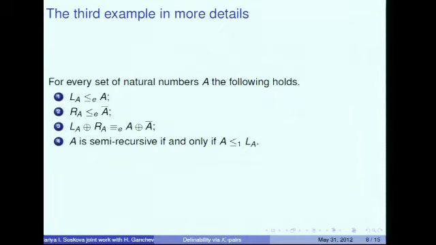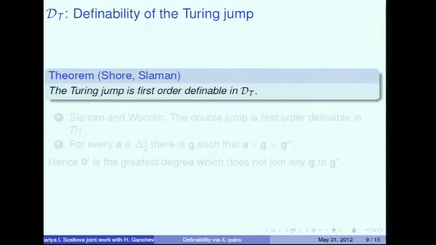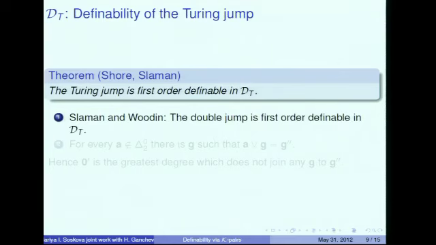Now, as a comparison, let's see what the Turing case is. It's a theorem of Shore and Slaman that the Turing jump is first order definable in the Turing degrees, and their theorem consists of two parts. The first one is Slaman and Woodin's theorem that the double jump is first order definable.